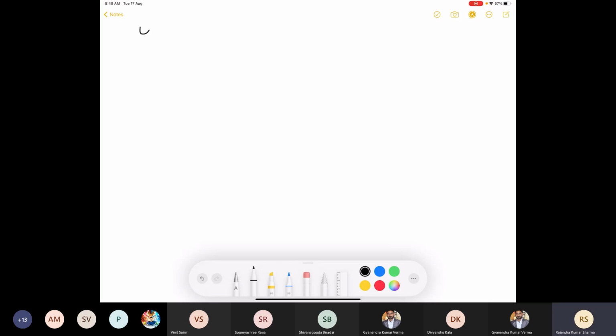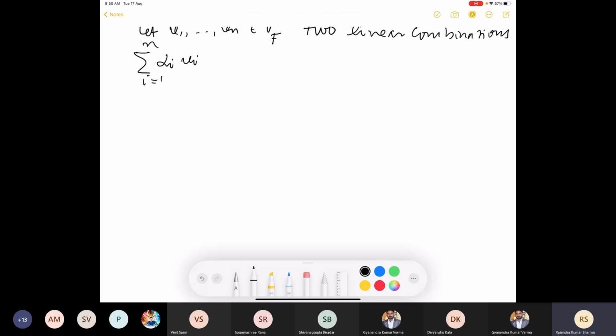So let us take V1, V2, ..., Vn, vectors in a vector space V over F. Two linear combinations: sum of alpha i Vi, i from 1 to n, and sum of beta j Vj, j from 1 to n. Now these two are elements in V.